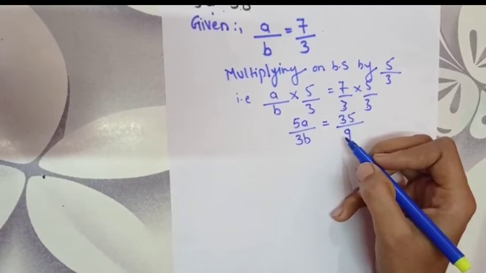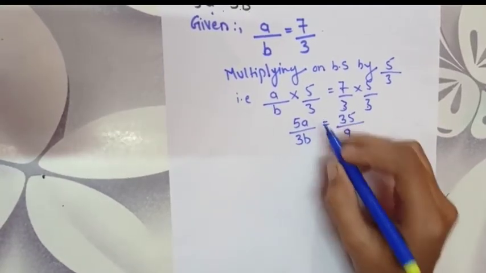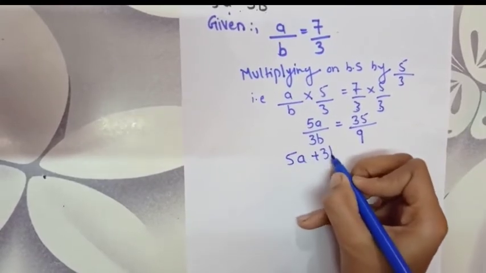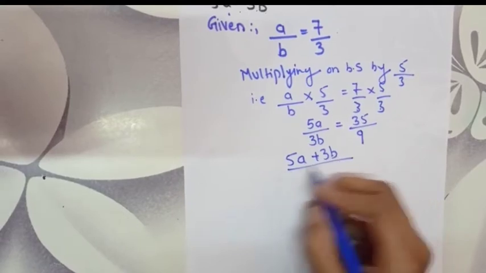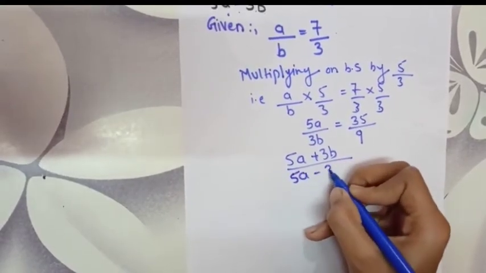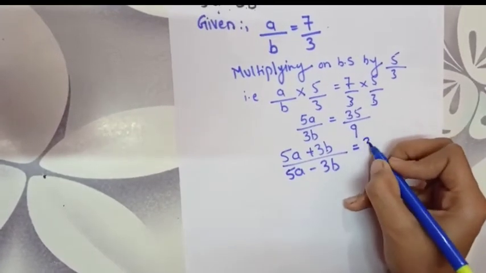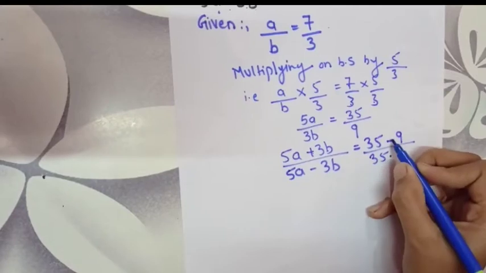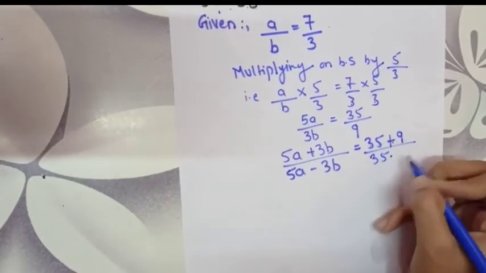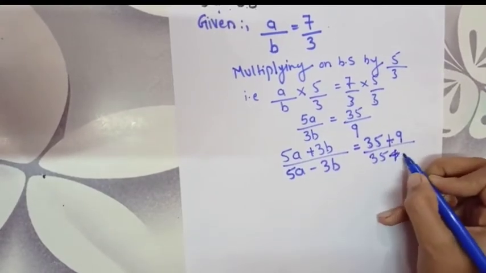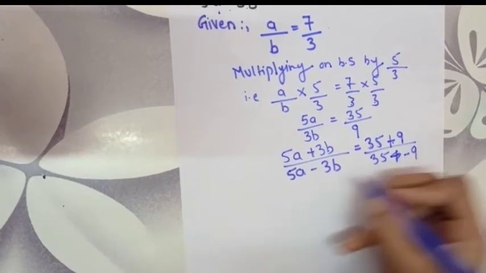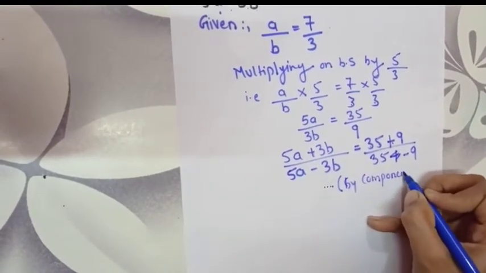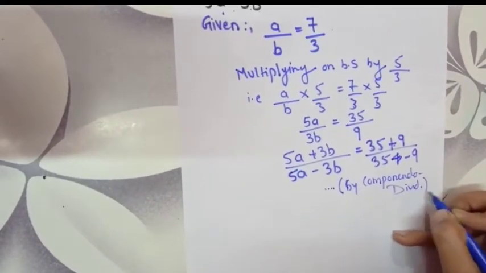Now by using the property, componendo dividendo, we can form 5a plus 3b, that is numerator plus denominator, upon numerator minus denominator, which will be equal to numerator plus denominator upon numerator minus denominator, by using the componendo dividendo property.